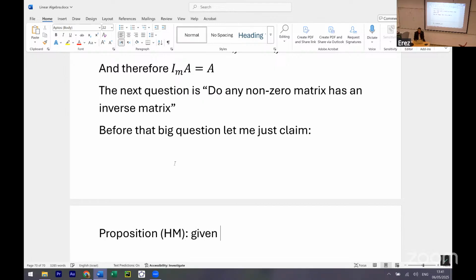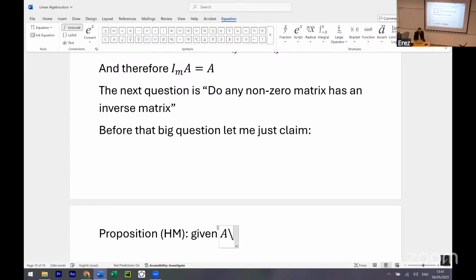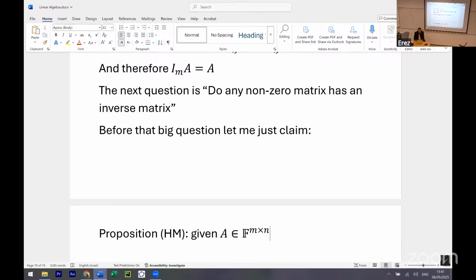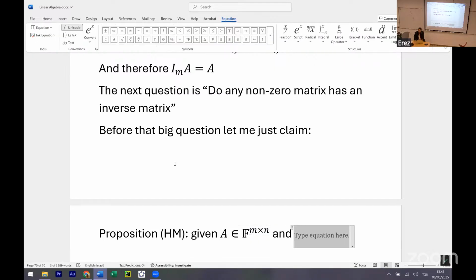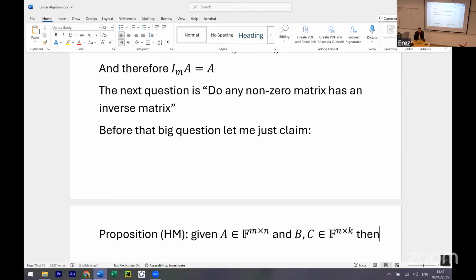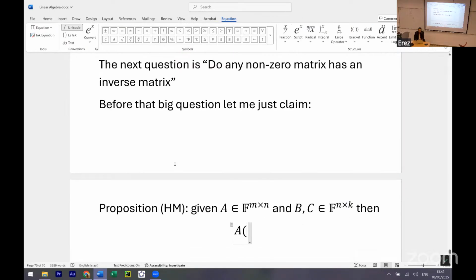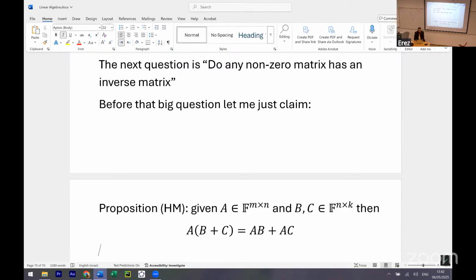Given A of the size M by N and two matrices of the same size B and C of the size N times something, then A times (B plus C) equals AB plus AC. Distribution law.